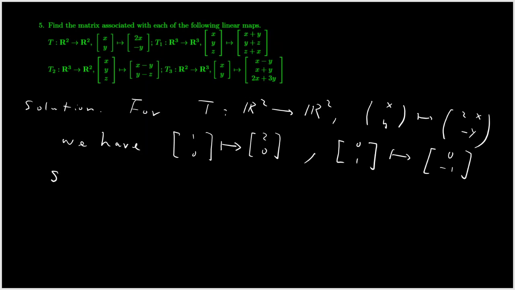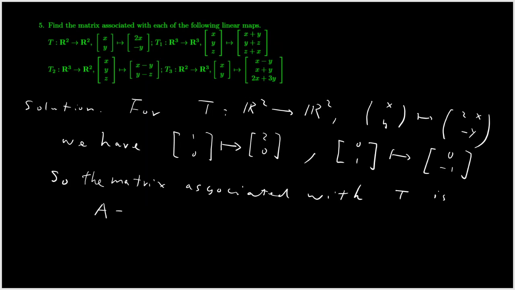So the matrix associated with T, the given linear map, can I use A to denote that?